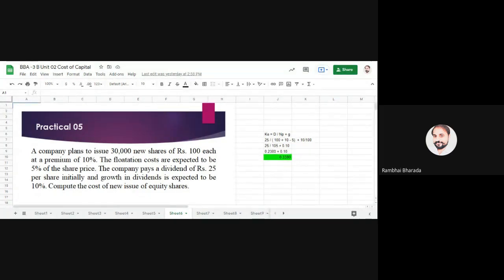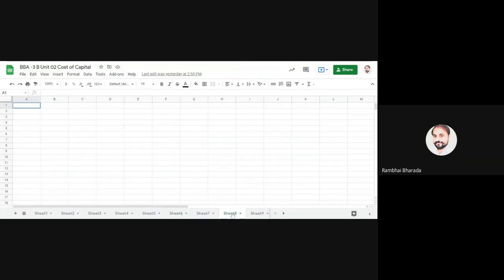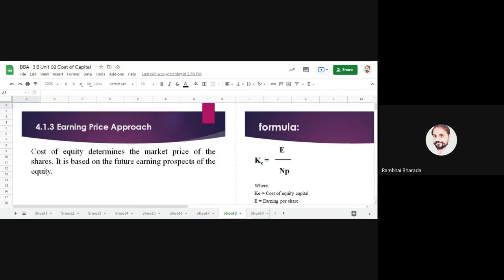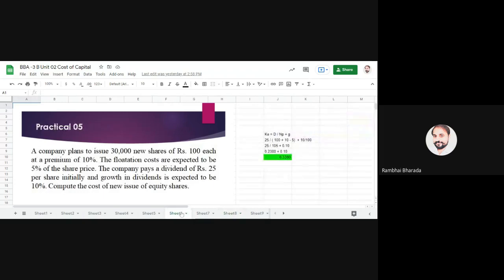Growth. What is the formula? Formula remains same. KE is equal to D upon NP plus G. G यानी growth. Are we clear? Yes, sir. Here you need to remember these two parameters: dividend is given to you plus growth is given to you. If both are given, you need to apply the second method.